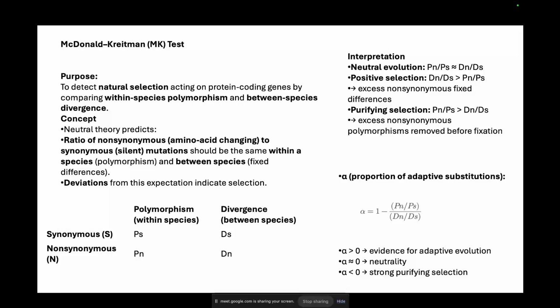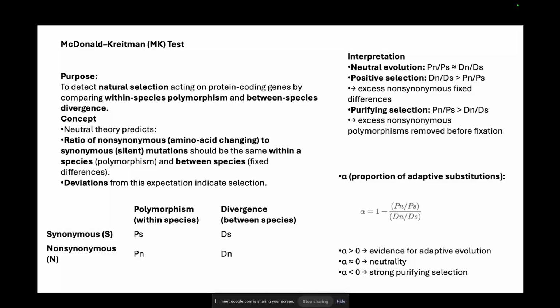For purifying selection, you will see that the number of non-synonymous mutations has gone down much more compared to the synonymous mutations. So some sort of negative selection, purifying selection, is happening, where you are removing harmful mutations from the genome. In that case, PN by PS will be greater than DN by DS.